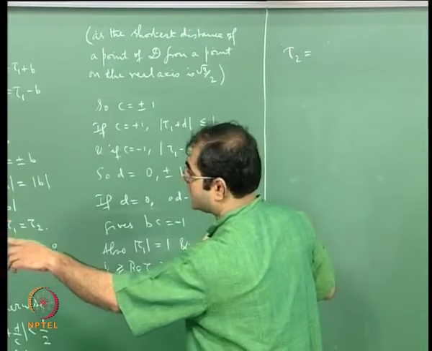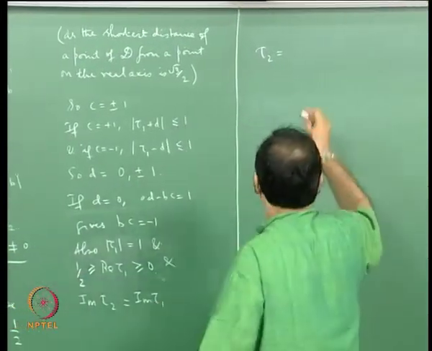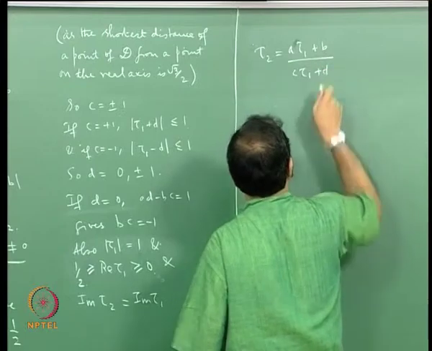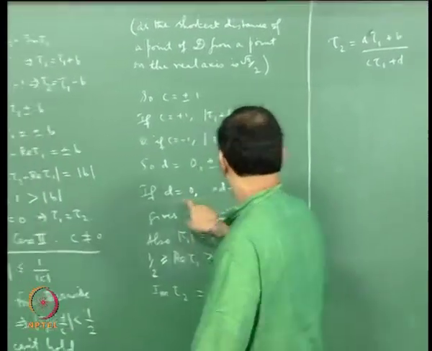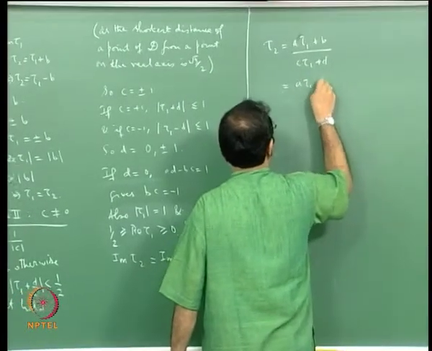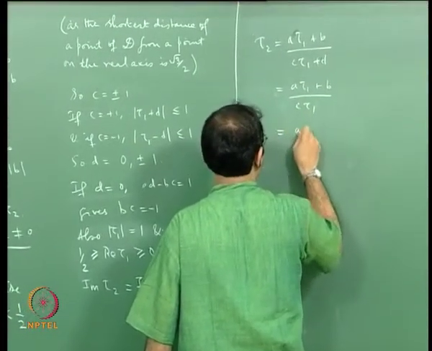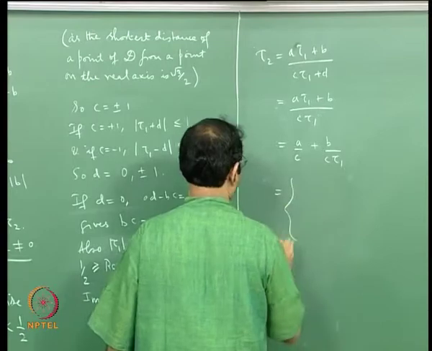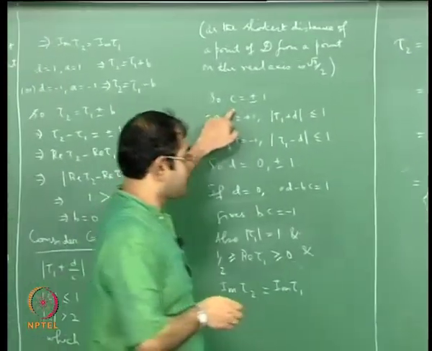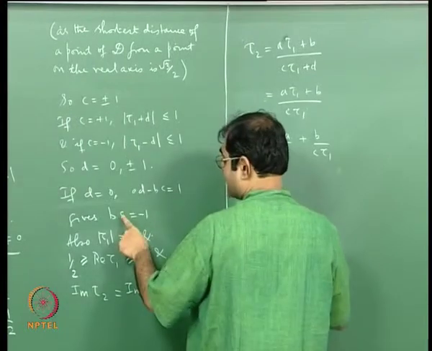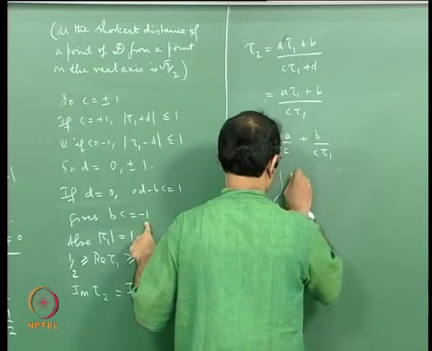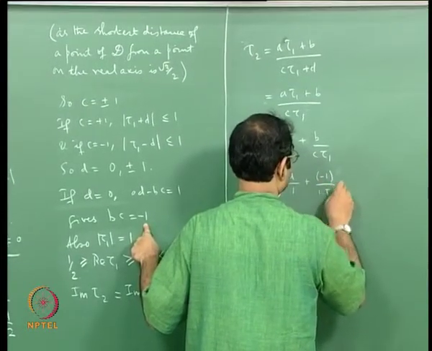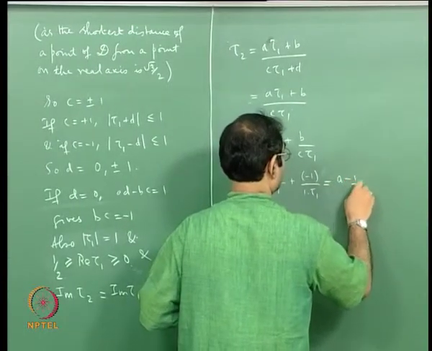Tau 2 is by our assumption a tau 1 plus b by c tau 1 plus d, and our d is 0, so I will get a tau 1 plus b by c tau 1, which is a by c plus b by c tau 1. If I put c equal to plus 1, then b is minus 1, so I will get a minus 1 by tau 1.